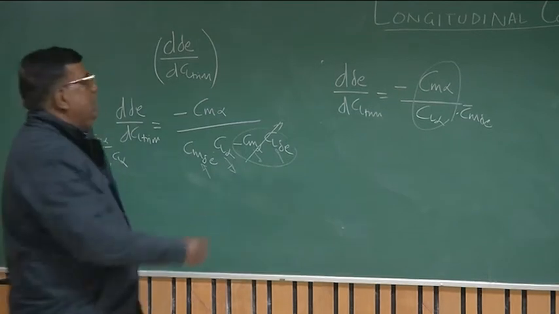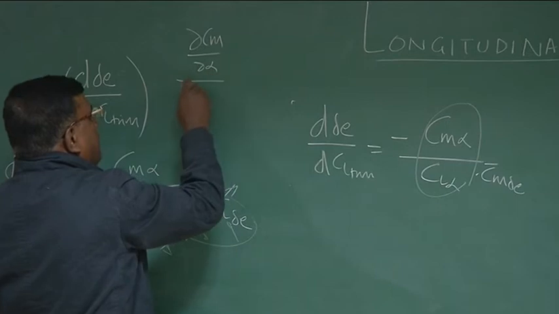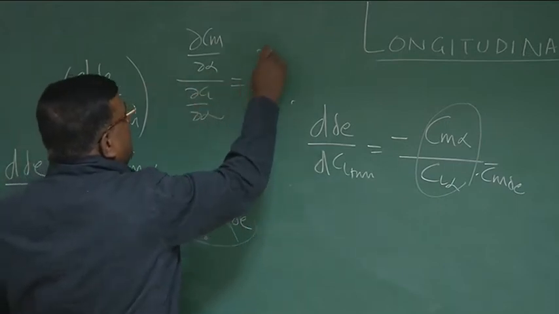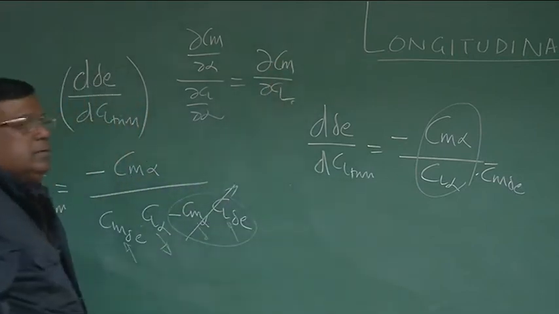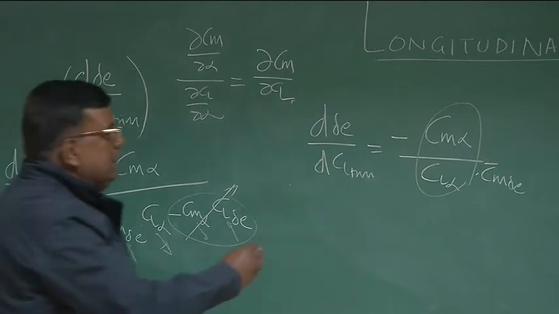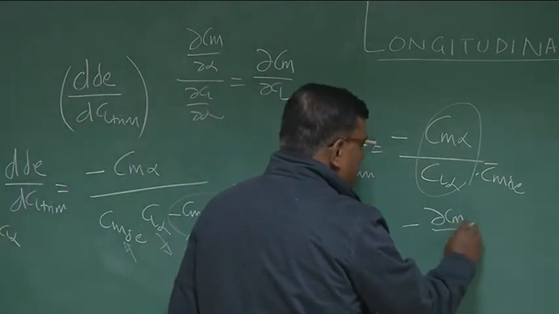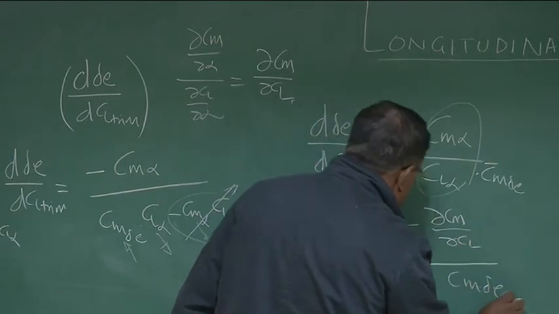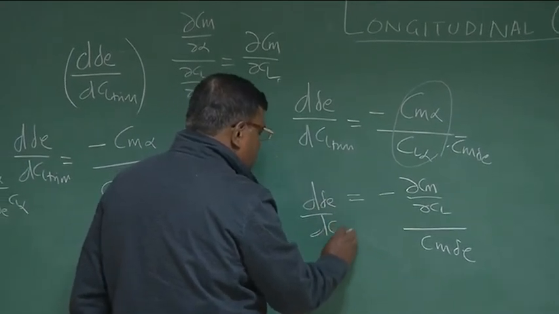Cm alpha by Cl alpha is dCm by d alpha divided by dCl by d alpha. If everything is linear, it is dCm by dCl. So I can write this is equal to minus dCm by dCl by Cm delta E. So this is d delta E by d Cl trim.